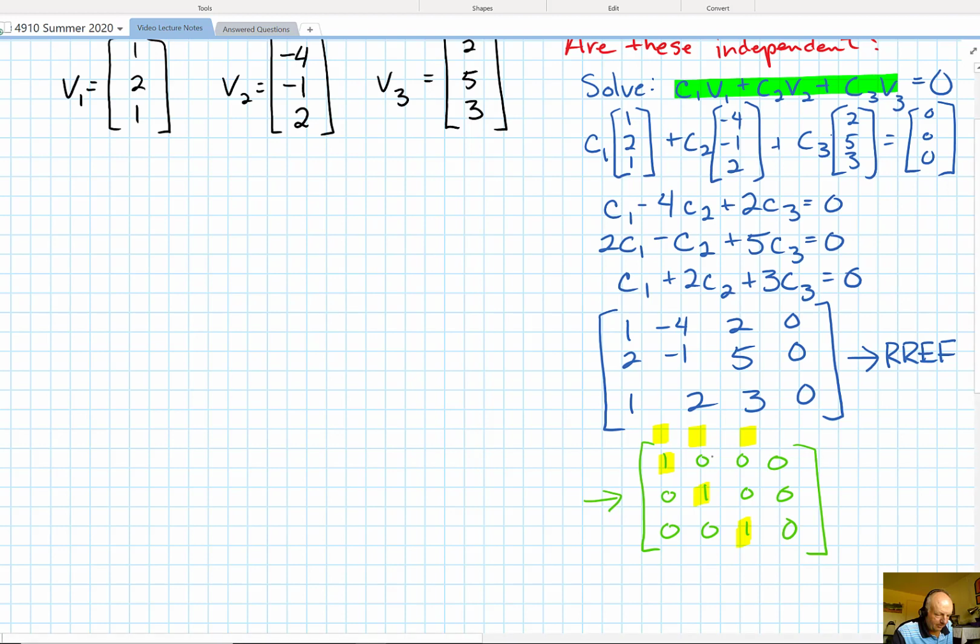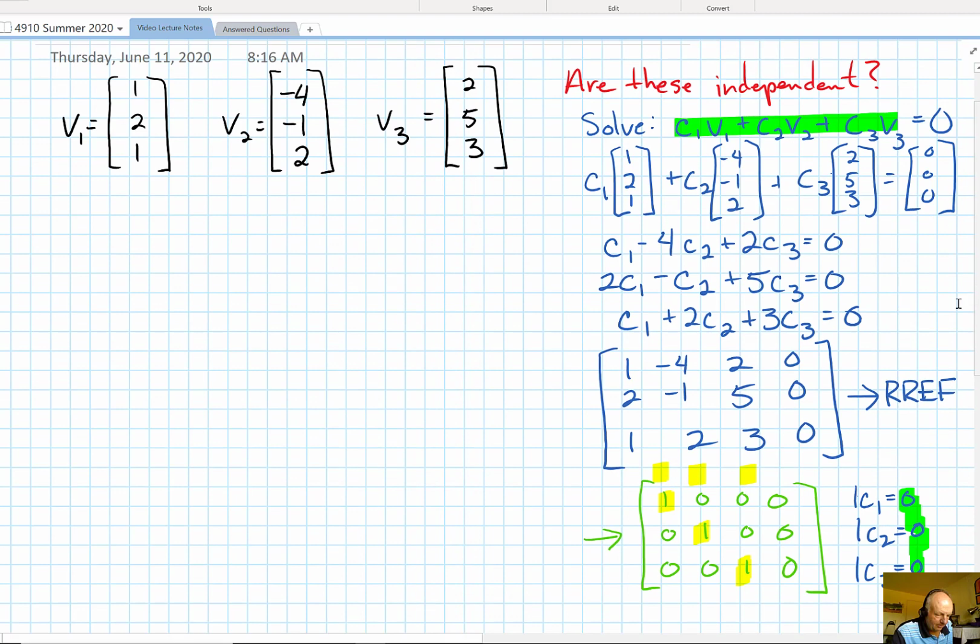If I translate each of these rows back into equations, this is 1c1 equals 0, 1c2 equals 0, 1c3 equals 0, and there's my single solution, 0, 0, 0. And so the interpretation of that is, if you just get the solution 0, 0, 0, then that means they are independent.